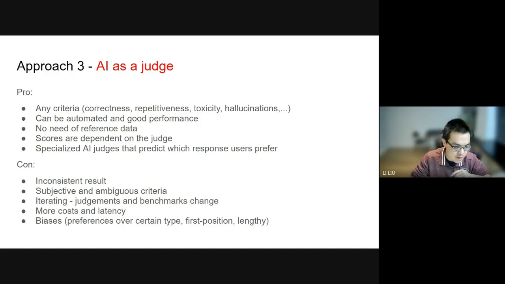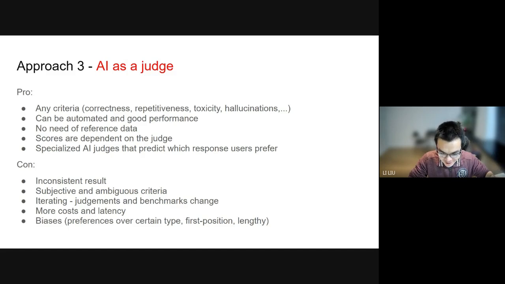Now, another thing is about model and AI bias, because the AI could also sometimes have some preferences. The book mentions some research showing that models usually prefer the responses they generated instead of the responses generated by other models, which is quite interesting.